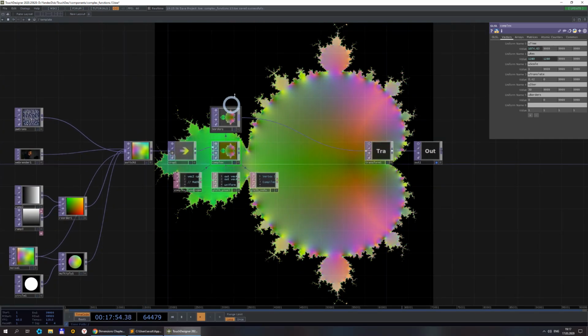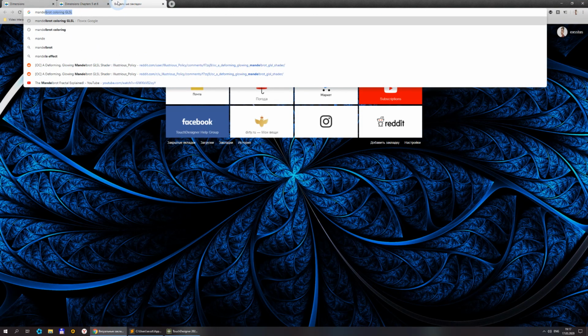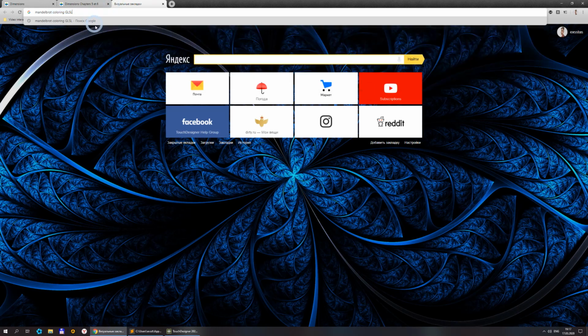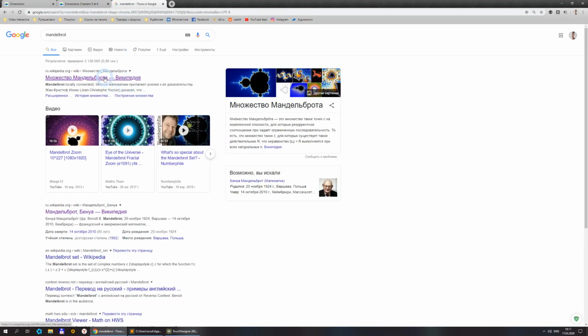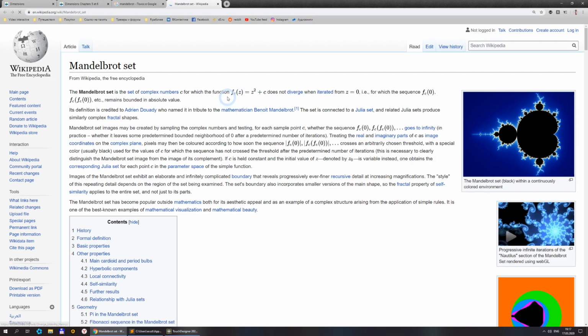For Mandelbrot, you could Google it: Mandelbrot set. So here is the explanation. Mandelbrot is z squared plus c.